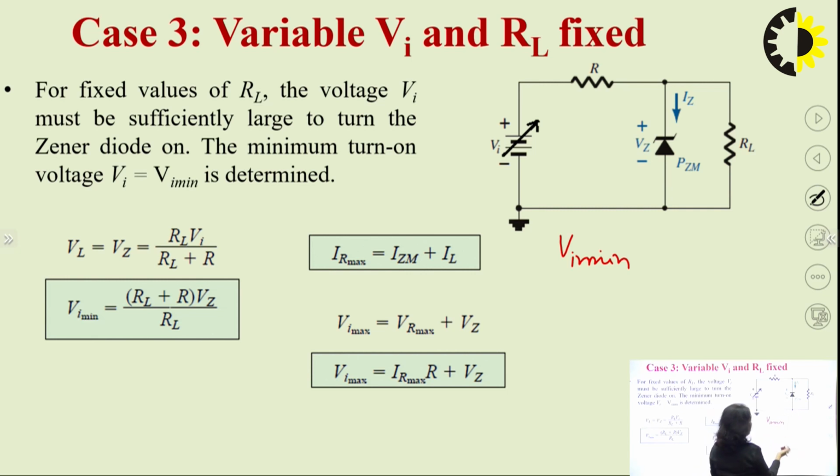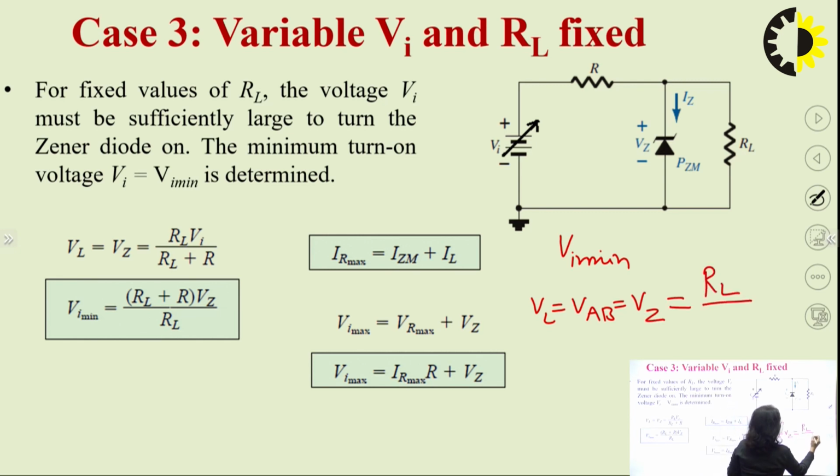So VL is equal to VAB, that is equal to Vz, and that is nothing but RL divided by R plus RL times Vi minimum. By using this equation, we can calculate the value of Vi minimum.